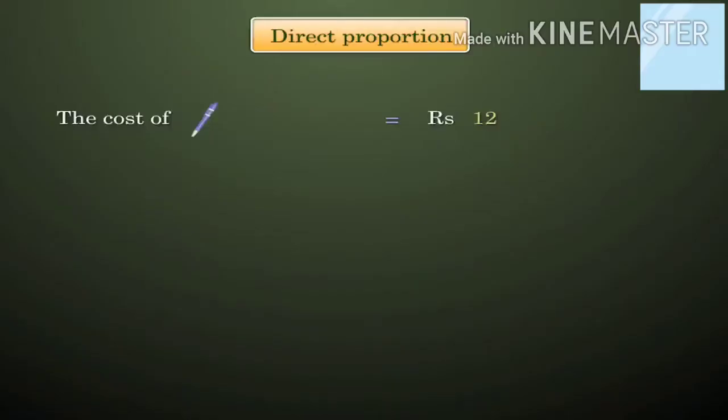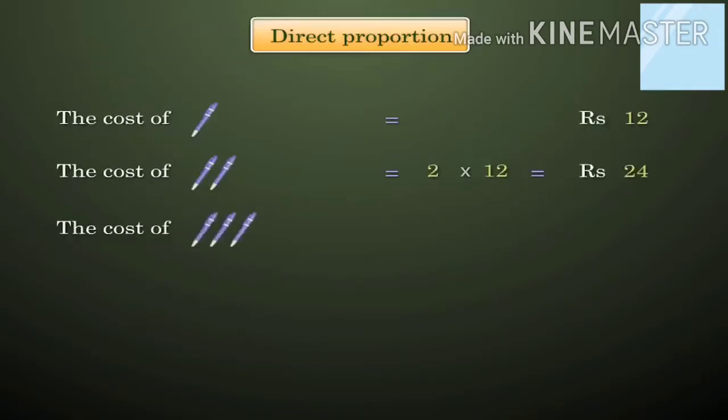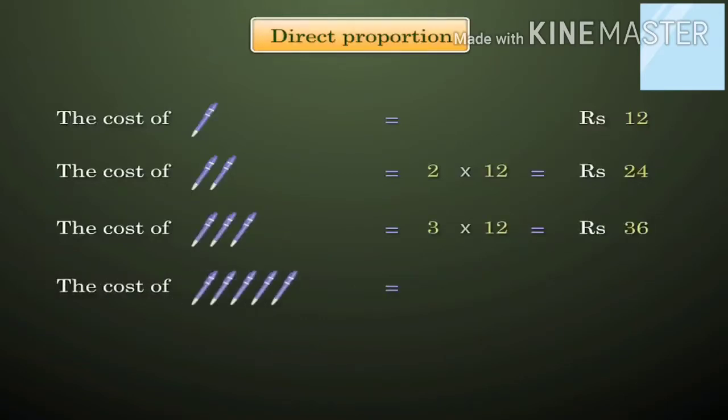Cost of one pen is equal to 12 rupees. Cost of 2 pens is equal to 24 rupees. Cost of 3 pens is equal to 36 rupees. Cost of 5 pens is equal to 60 rupees.